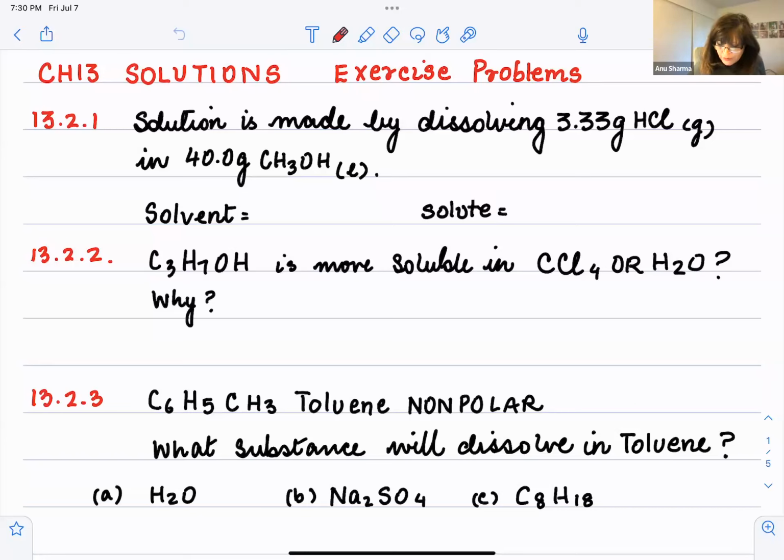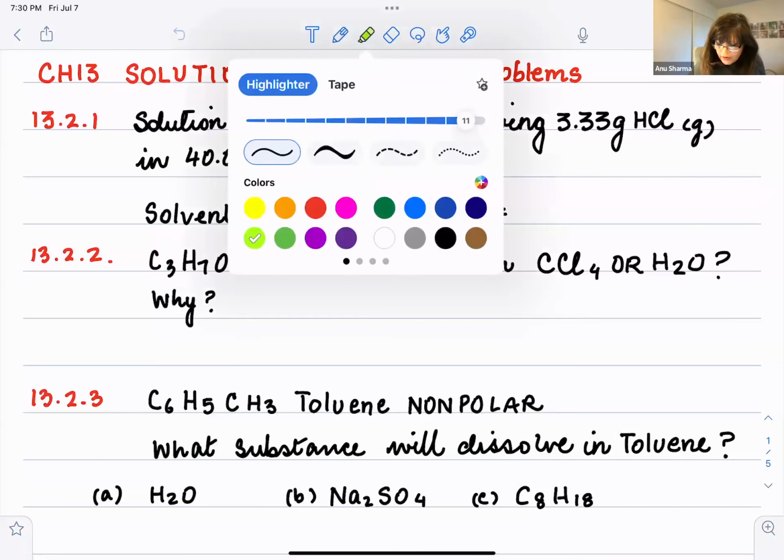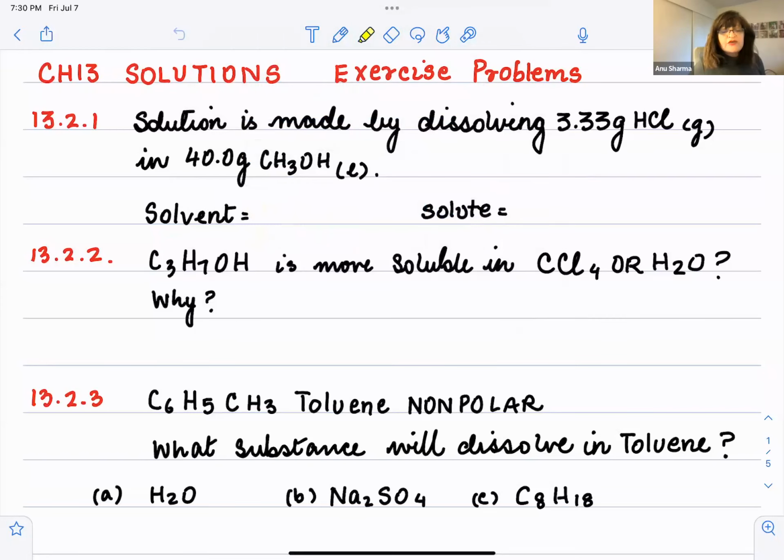We're not expecting you to know them, but we are trying to introduce you to organic chemistry. That is why we show you these types of molecules. Carbon, hydrogen, and oxygen make organic compounds. So you have dissolved 3.33 grams of HCl in 40.0 grams of methanol, methyl alcohol.